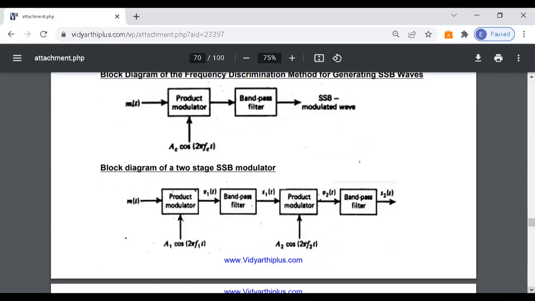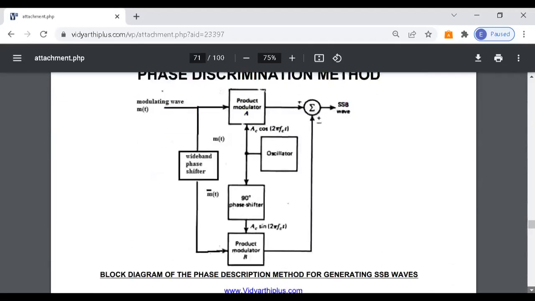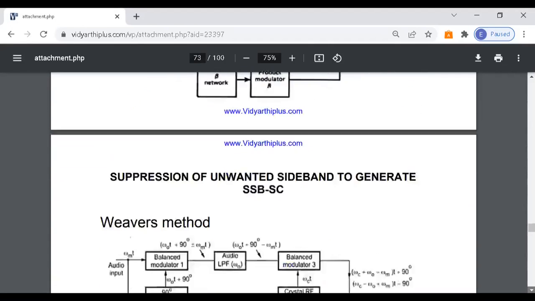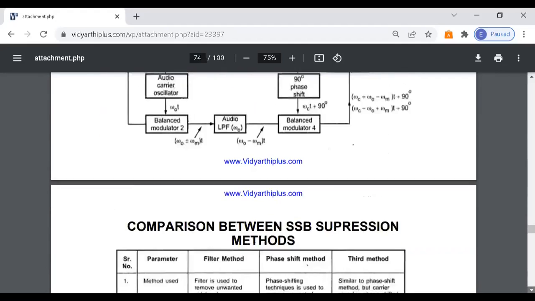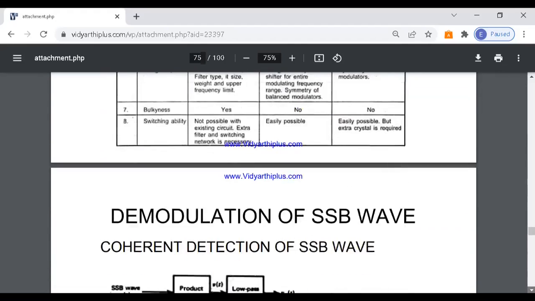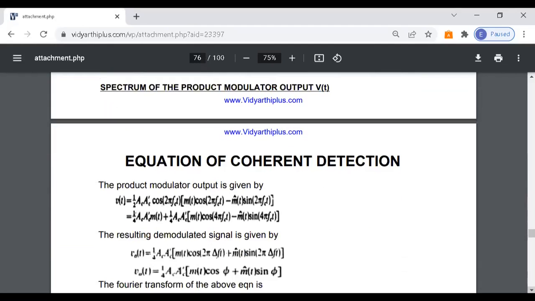So if we go back to those, they look like complex equations, which they're really not.